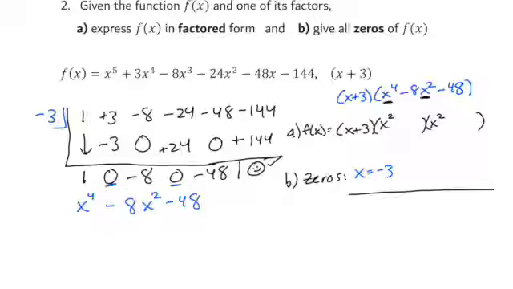The leading coefficient of this was 1, so no need for any AC or fraction tricks here. So that would be a negative 12 and positive 4, right? It multiplies to negative 48, but adds up to that negative 8 in the middle. And neither of those factors any further, right? X squared minus 12, but 12 is not a perfect square. And x squared plus 4, 4 is a perfect square, but it's a sum, and there's no sum of 2 squares. So this is completely factored, but now let's get the zeros from it.